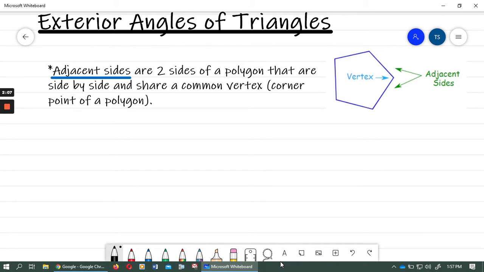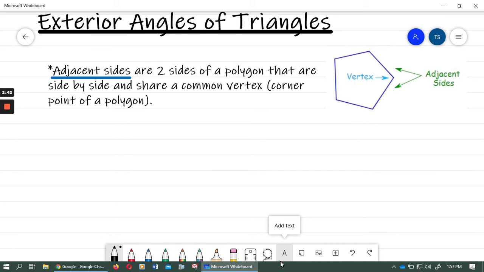A triangle is a type of polygon, so we need to discuss what exactly we mean when we say an adjacent side of a polygon, and that's going to help when we get into what exterior angles are. All right, so here we go. Adjacent sides are two sides of a polygon that are side by side and that share a common vertex, or corner point, of a polygon.